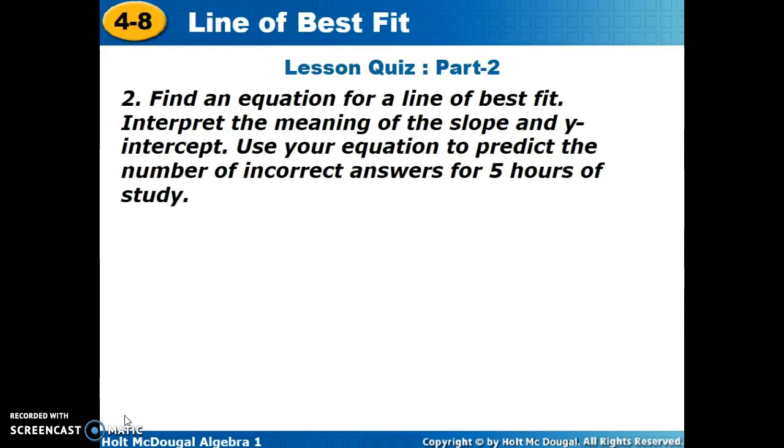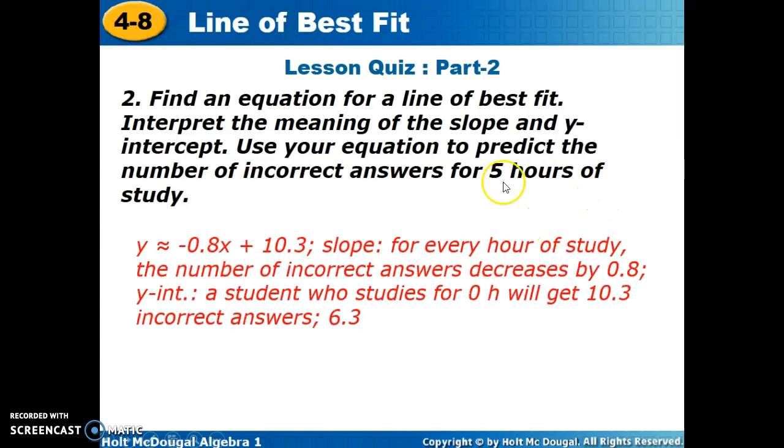Part 2 says find the equation for a line of best fit and interpret the meaning of the slope, the y-intercept, and the R value. Use your equation to predict the number of incorrect answers for 5 hours of study. So what you should have come up with on the calculator is a negative 0.8 slope, y-intercept of 10.3.